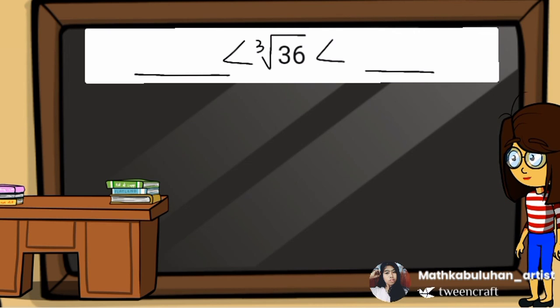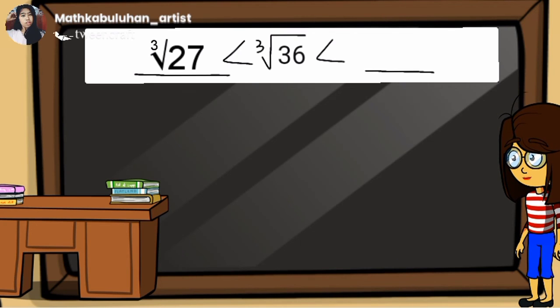Again, we will not use a calculator, but we will use estimation in finding the answer. So the perfect cube below 36 is 27. So what is the perfect cube that is above 36? The perfect cube that is above 36 is 64.